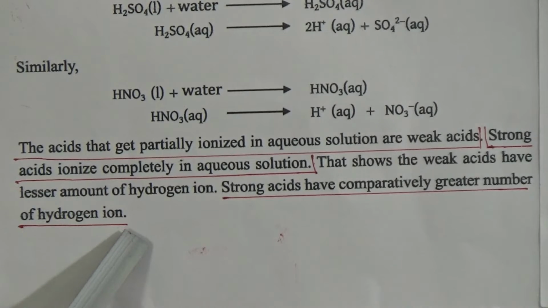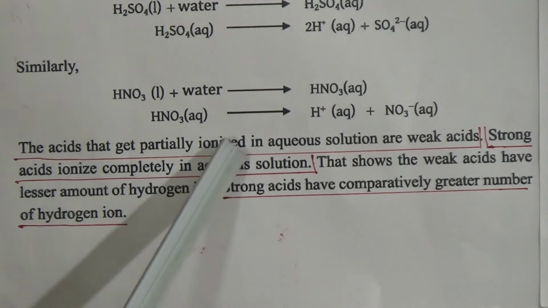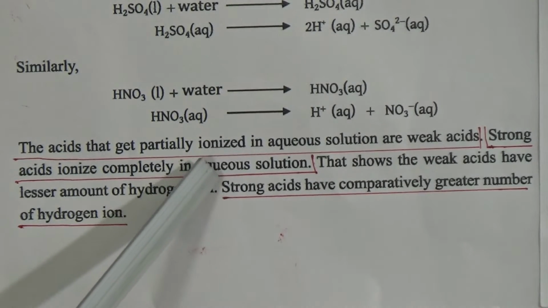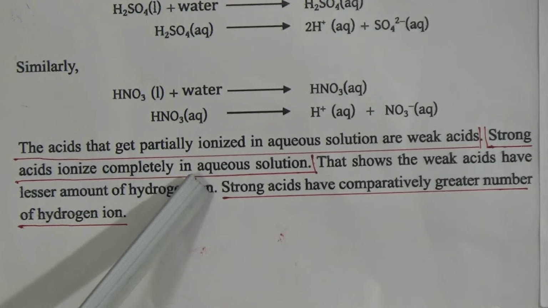That's why they have more hydrogen ions than the weak acid, because on page number 208 we already discussed that at 25-degree temperature, out of 1000 acetic acid molecules, only 4 molecules decompose.